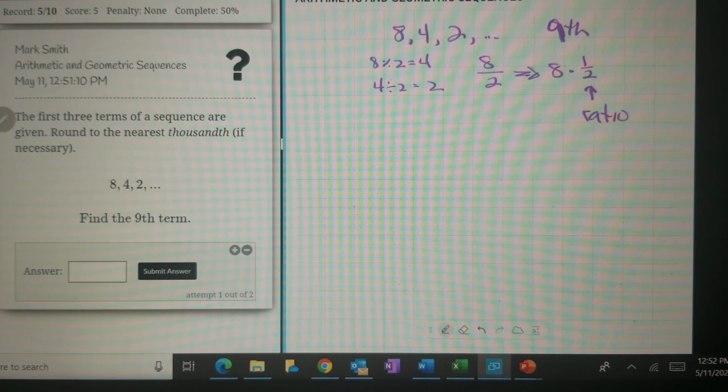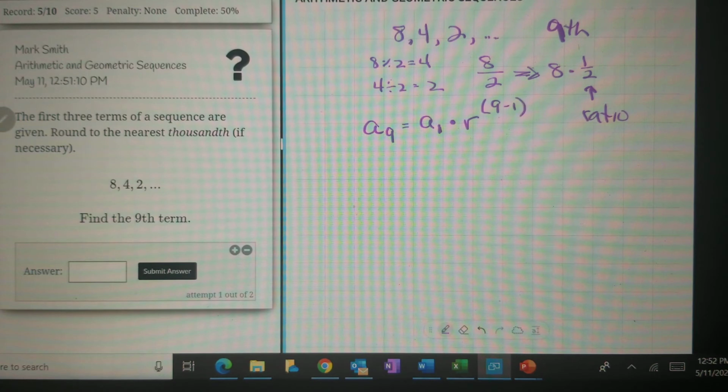So we want a to the 9th is equal to a to the 1, our first term, times our ratio, and then we have a power, which is going to be our 9 minus 1.